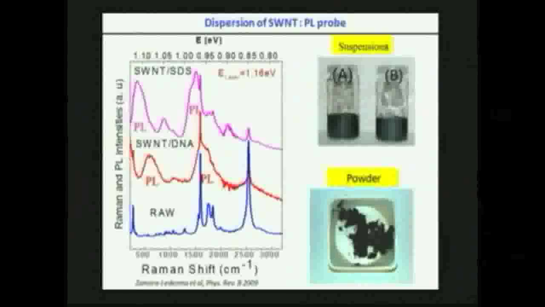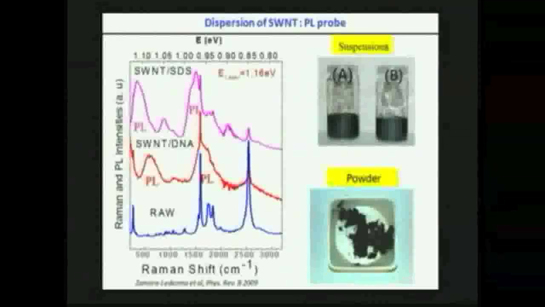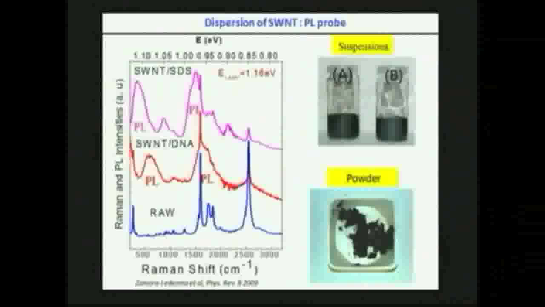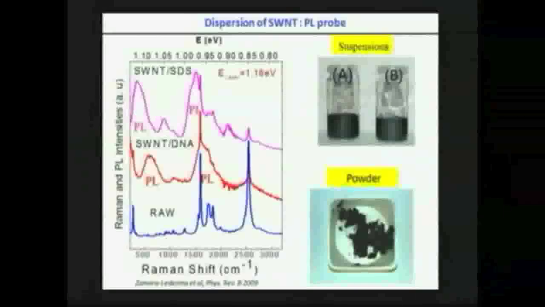What happens when you disperse nanotubes as individuals? You find the same Raman peaks, here the G band, here the D band, here the radial breathing modes, but superimposed on these Raman peaks, you find broad peaks, and these broad peaks correspond to photoluminescence peaks.